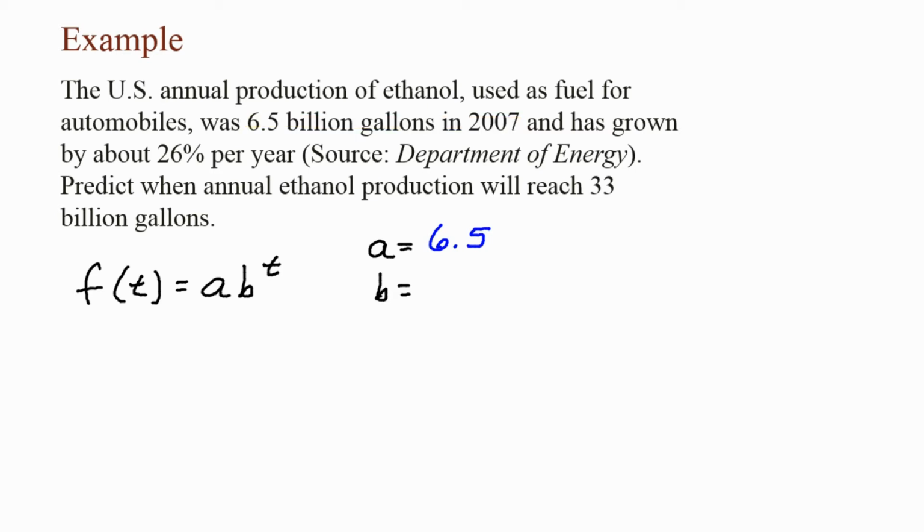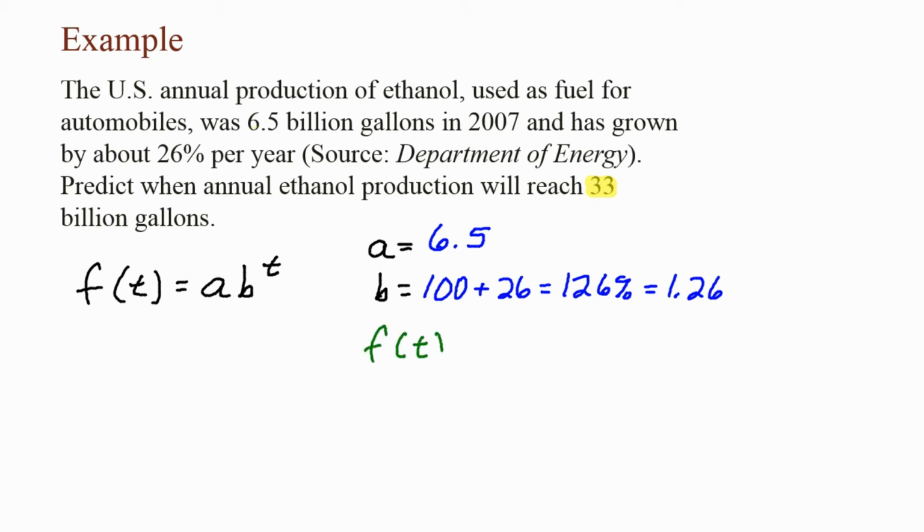From there, it has grown 26% per year. When we write b, we have to consider the previous years, so we have 100% plus 26%, which will give us 126%, which is 1.26. We want to predict when the ethanol production will reach 33 billion gallons. Since we're predicting when, we're looking for t.